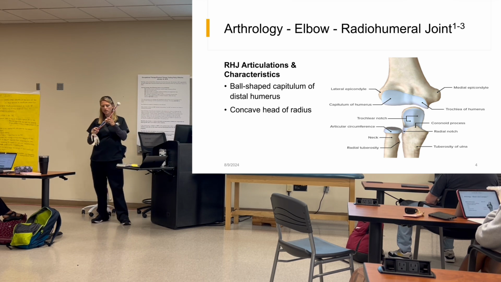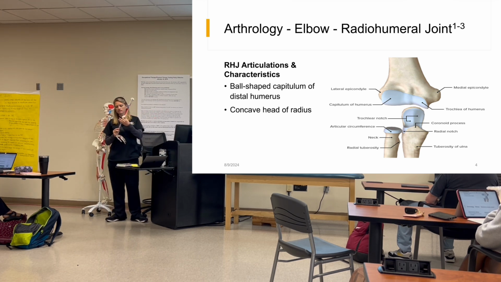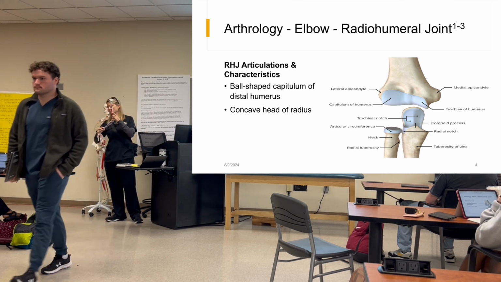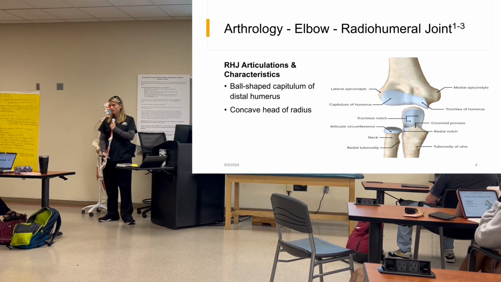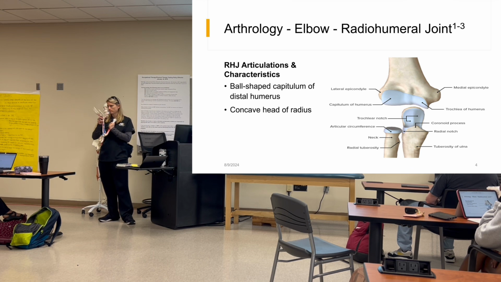Okay. So if the capitulum is convex, what is the radial head? Concave, right? So in an open chain position, we have a concave radial head moving on a convex capitulum, right?